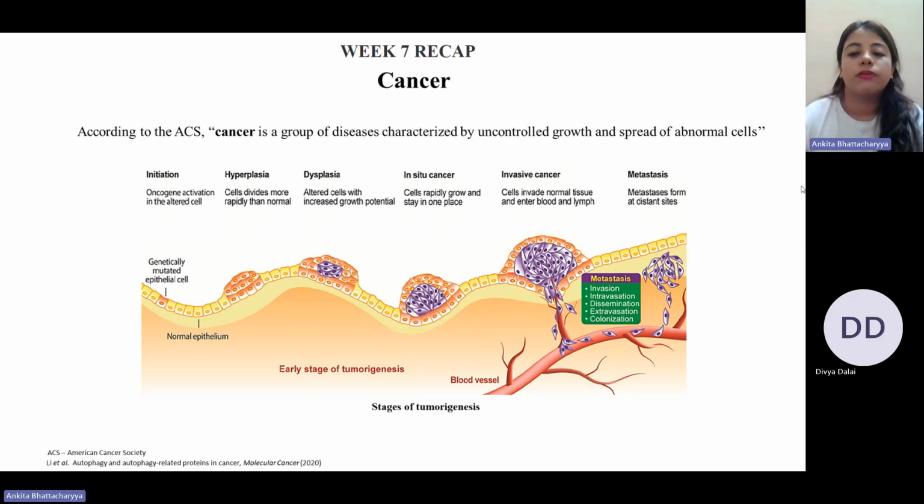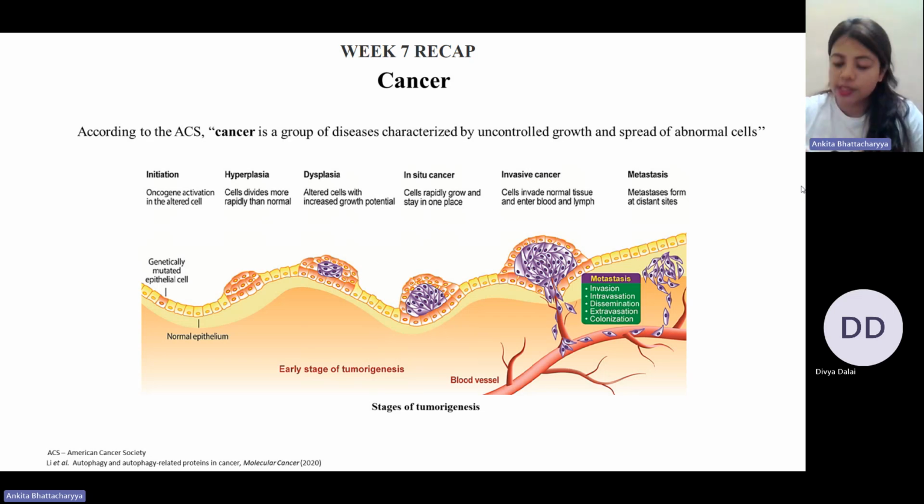Once they have done so, at the site which is conducive for their growth, which is fertile for their growth, or which is a good site for tropism, where they have a tendency to go, once it reaches that site, there is extravasation, which means exit from the vascular system, and colonization, which means now it will colonize in a new site and it will form a new tumor, a new secondary tumor, which is otherwise known as metastases.